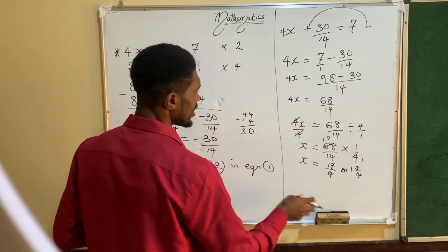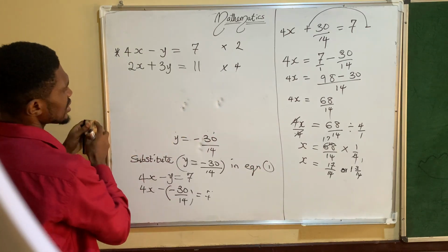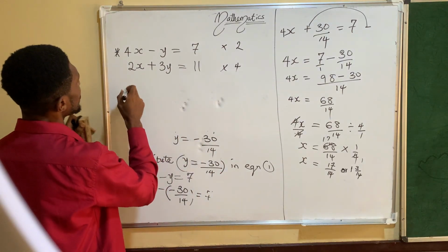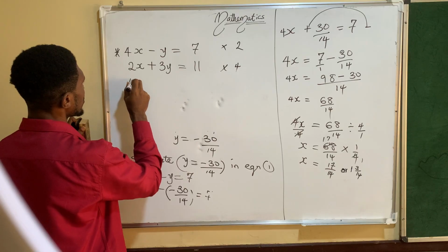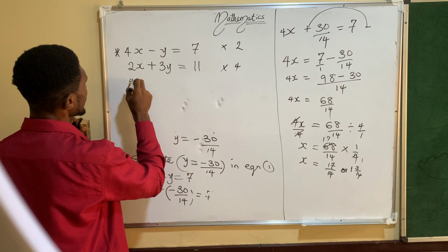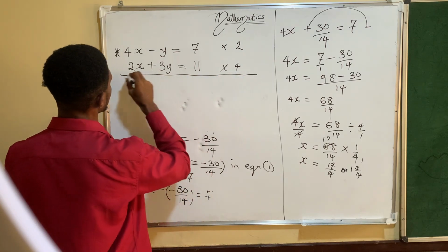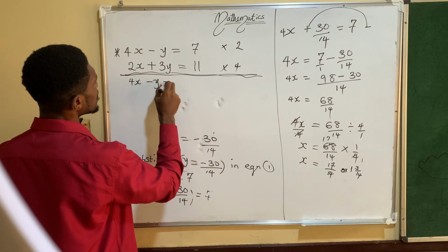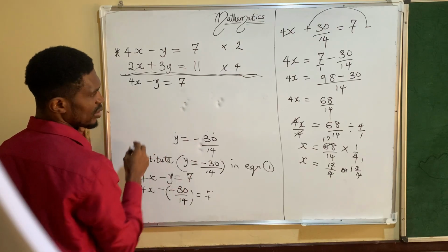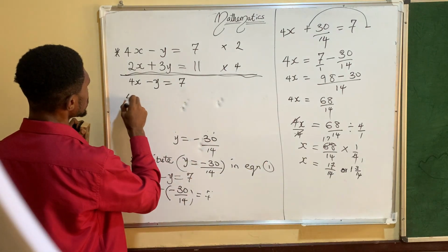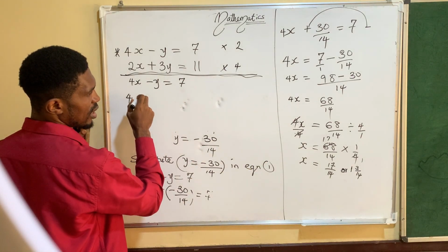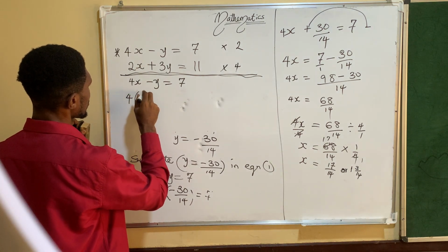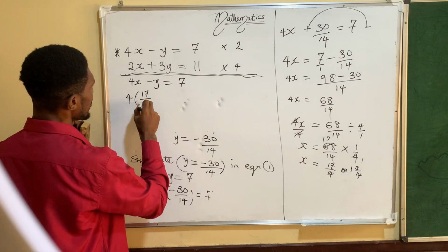Then we want to check if what we did is correct. Remember that our y is equal to minus 30 over 14. So for us to check, let's use equation 1. So we have 4x minus y is equal to 7. Wherever we see x, we use 17 over 14.